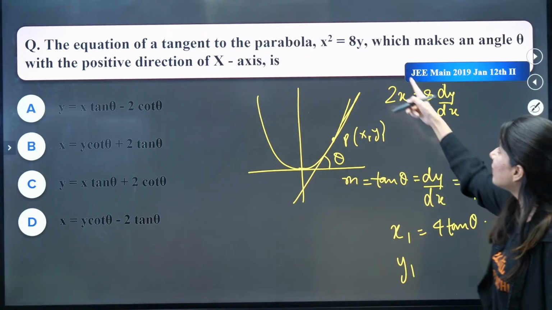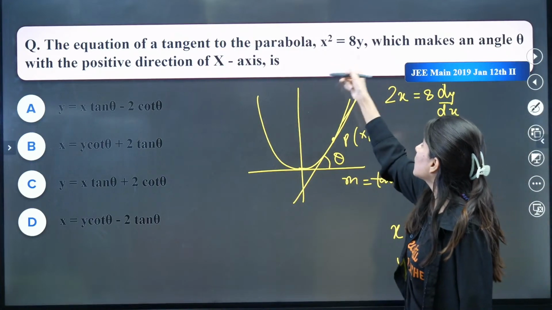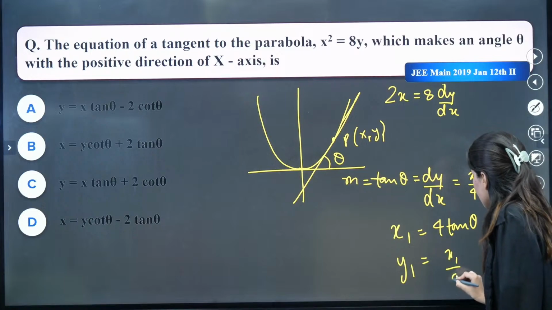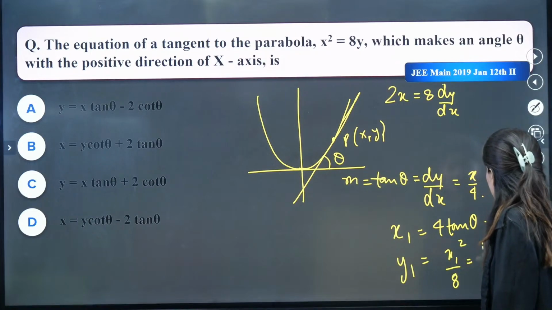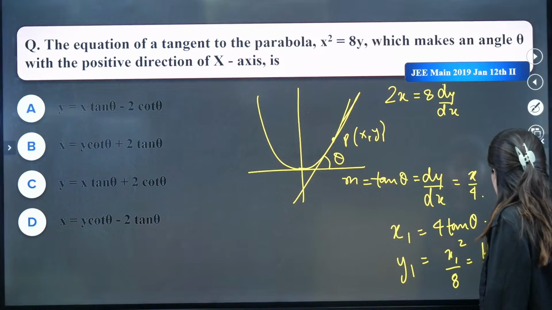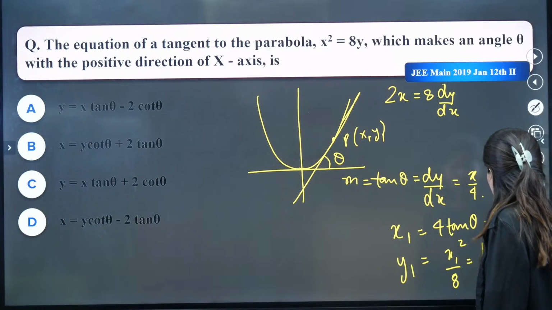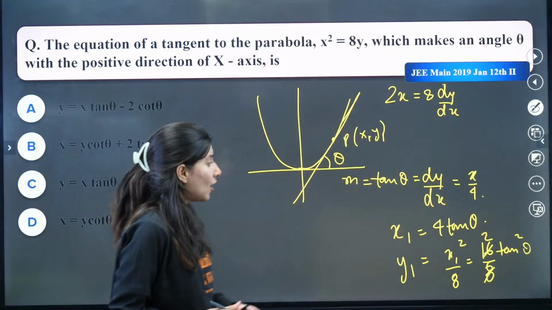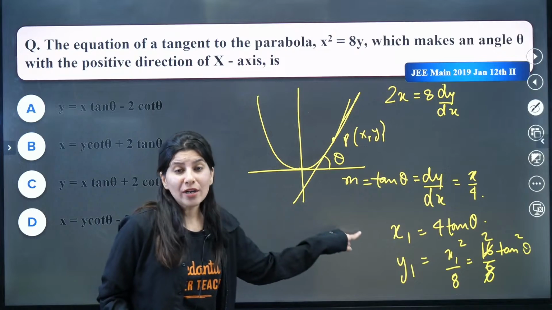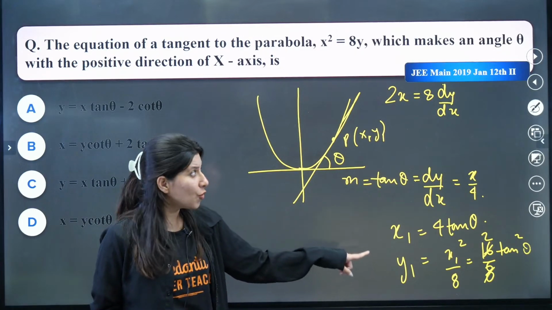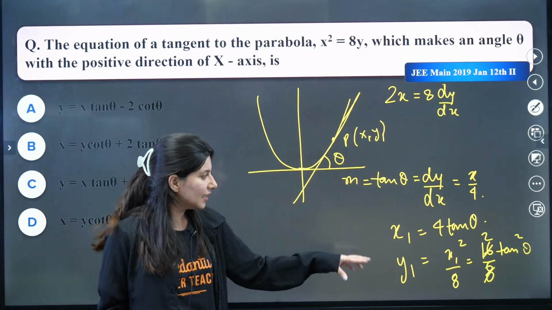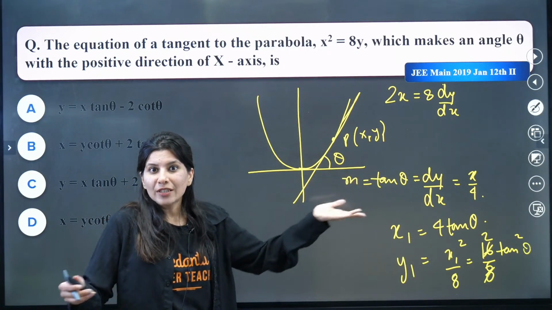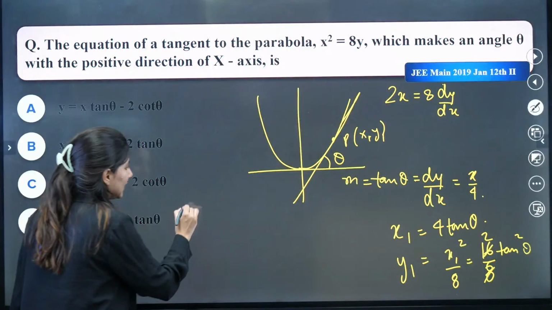To get the value of y1, it is going to be x square by 8. That means x1 square by 8. So this is nothing but 4 4s are 16 by 8 tan square theta. So that means 2 tan square theta. This is your y coordinate, right? Now can you see that you know your x coordinate, you know your y coordinate in terms of theta, and you know slope as well. So what are you waiting for, right?